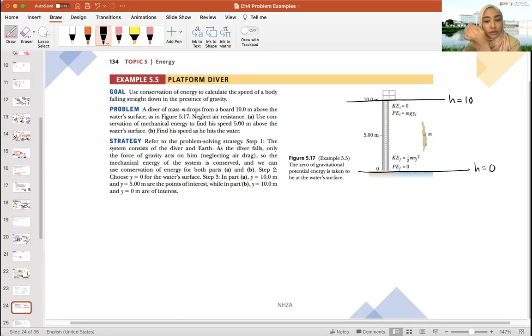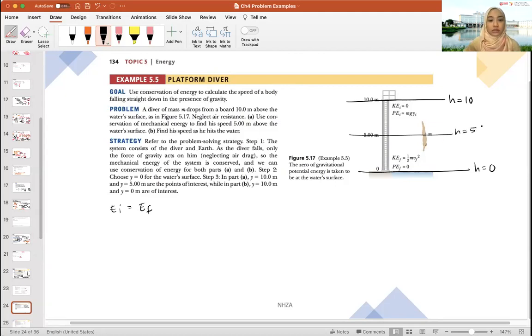So EI equals to EF, there is no W and C. Use conservation of mechanical energy. To find his speed 5 meter above the water's surface, it asks us to find at H equals to 5.